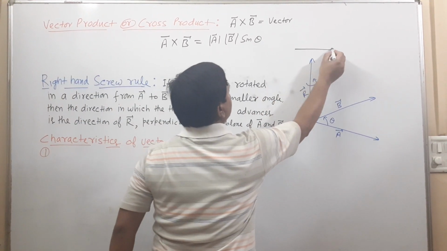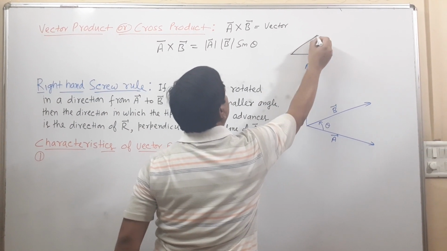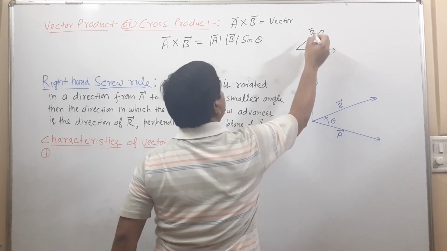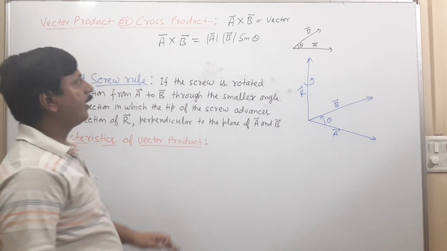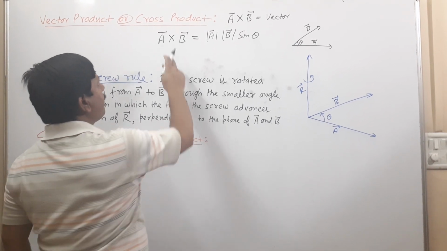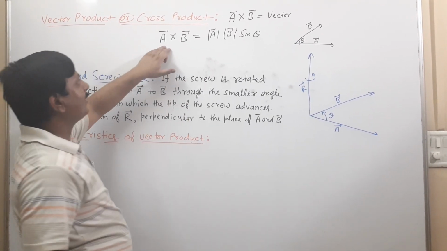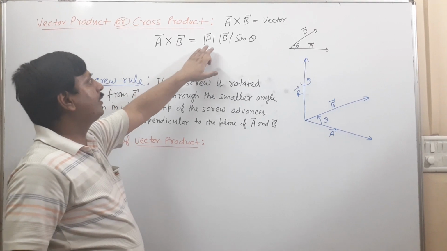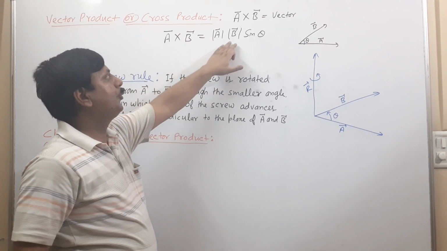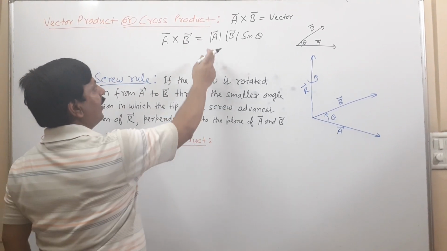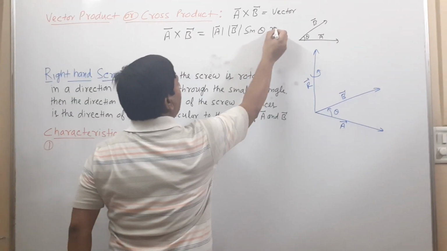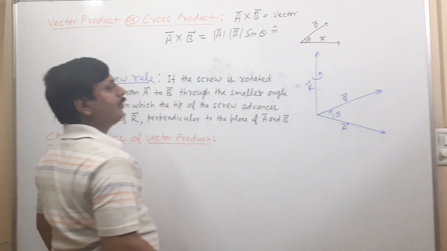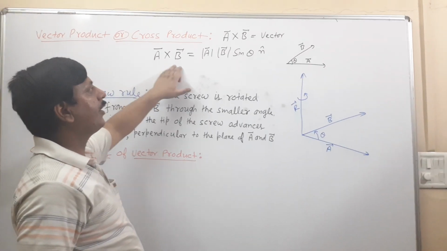Suppose this is vector A, this is vector B. The smaller angle between A and B is theta. So the vector product is defined as the product of the magnitude of the two vectors and the sine of the angle, and one n cap we are taking will show the direction of A cross B.